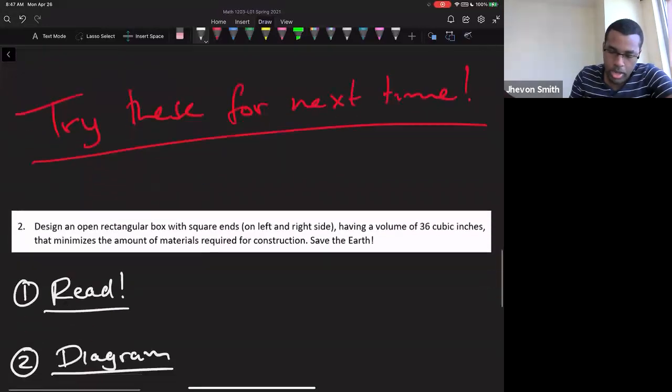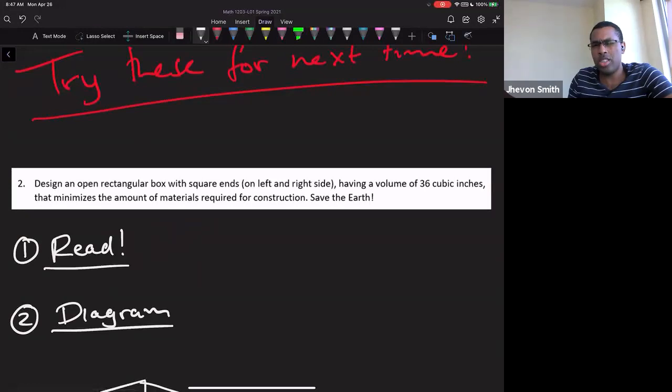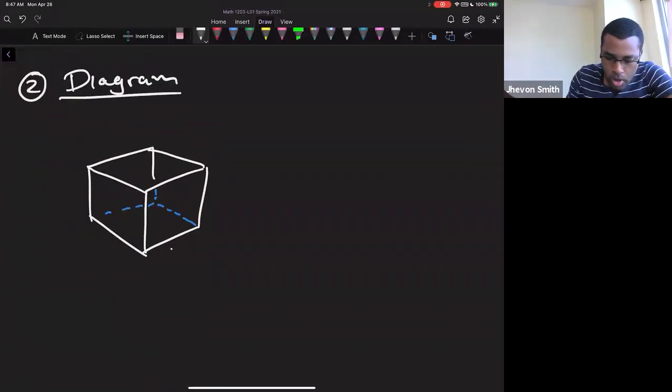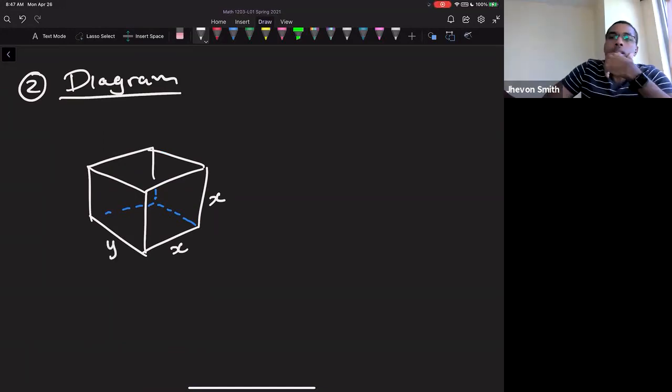Now, what do they tell us about the box? It has square ends, so the left and right side are squares, which means to properly label this, I would want the same length on both sides there to get a square. Now, on the other side, I don't really know what that is, so I will label that something else, like a y. Right? So you wouldn't want to label this with 3 different variables.